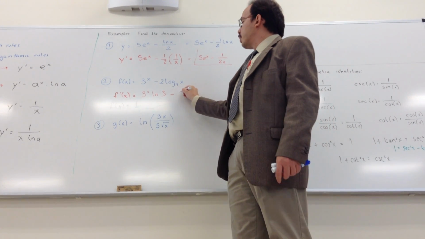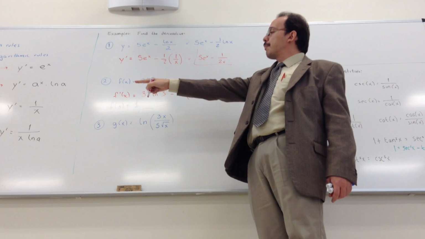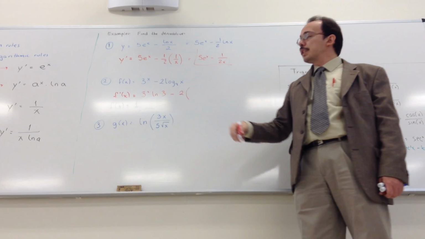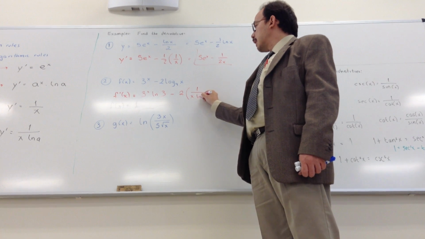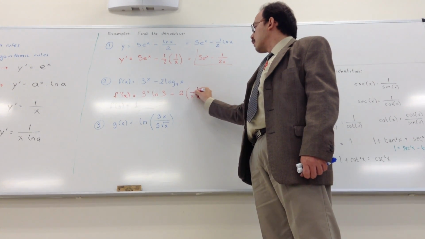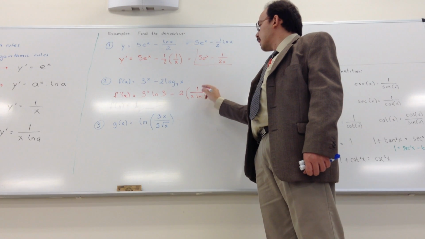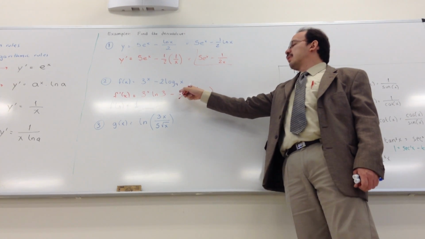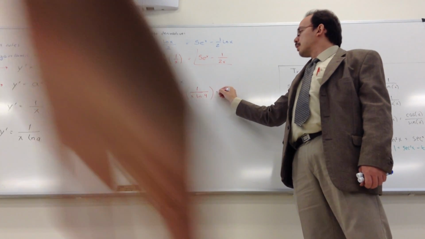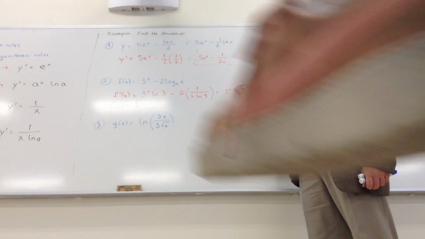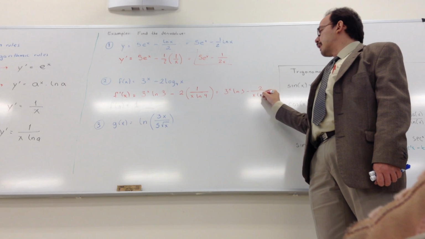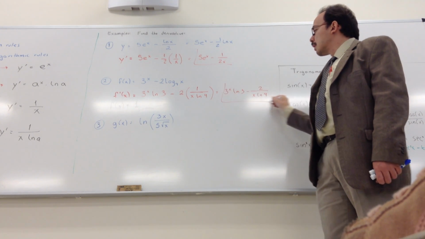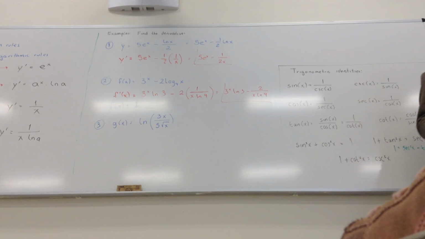Minus, we need the 2, times the derivative of log base 4 of x, which is 1 over x ln of 4. Can I simplify? Well, if you want, you can multiply the 2 times the 1. So it's going to be 3 to the x ln of 3 minus 2 over x ln of 4. That's the answer.